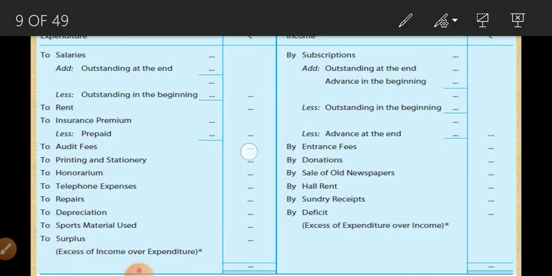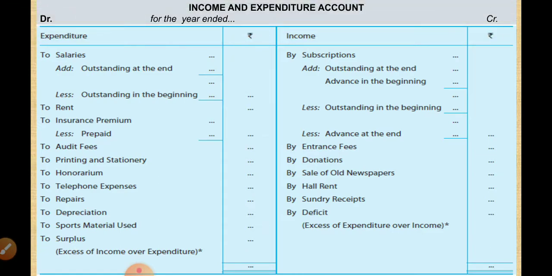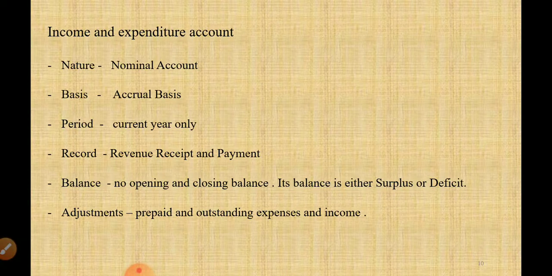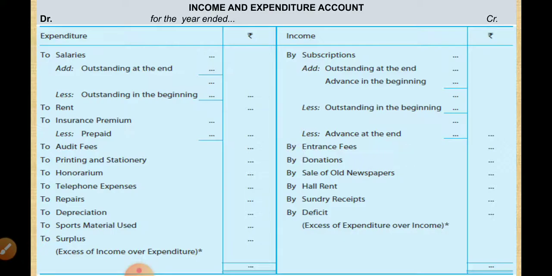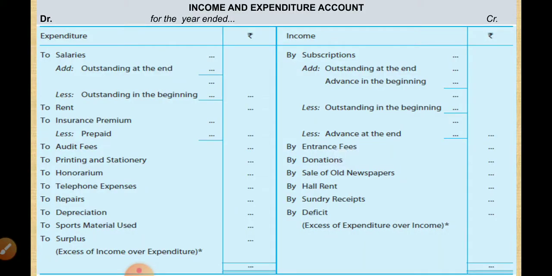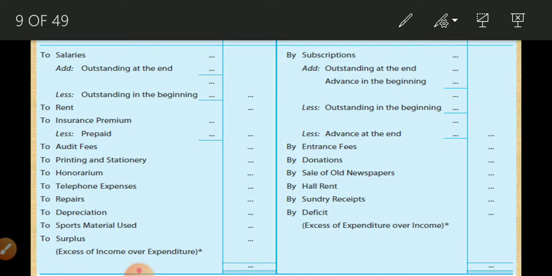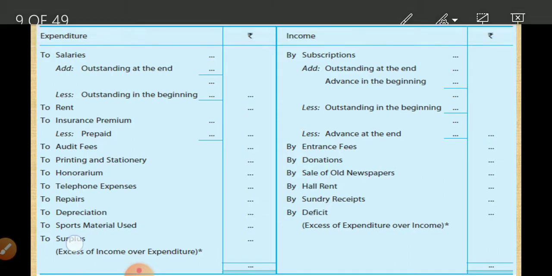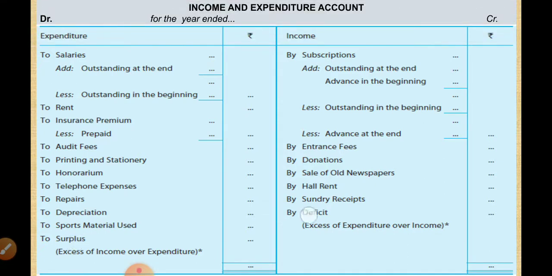If the expenditure side is more, then you have to write the expenditure side total on both the sides, and from the total of expenditure you have to subtract the total of income, and you will get deficit. That is excess of expenditure over income. It is either or. Either you will get surplus or you will get deficit. Okay? Is it clear, students?